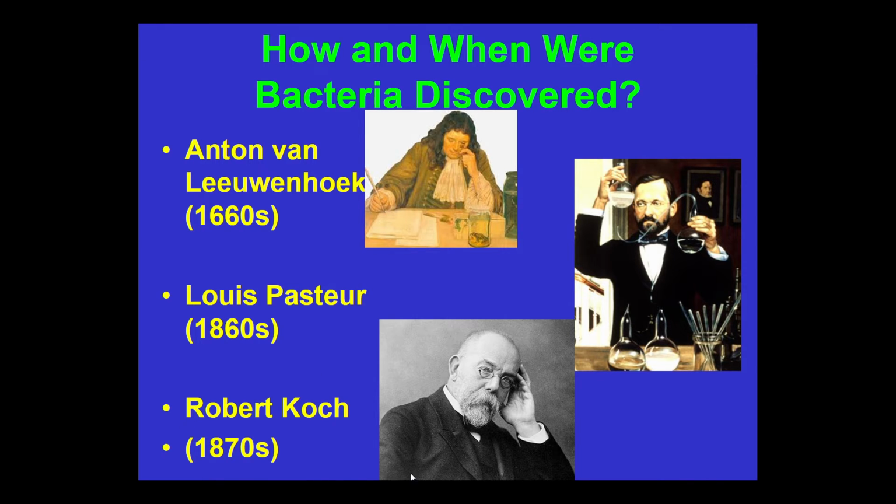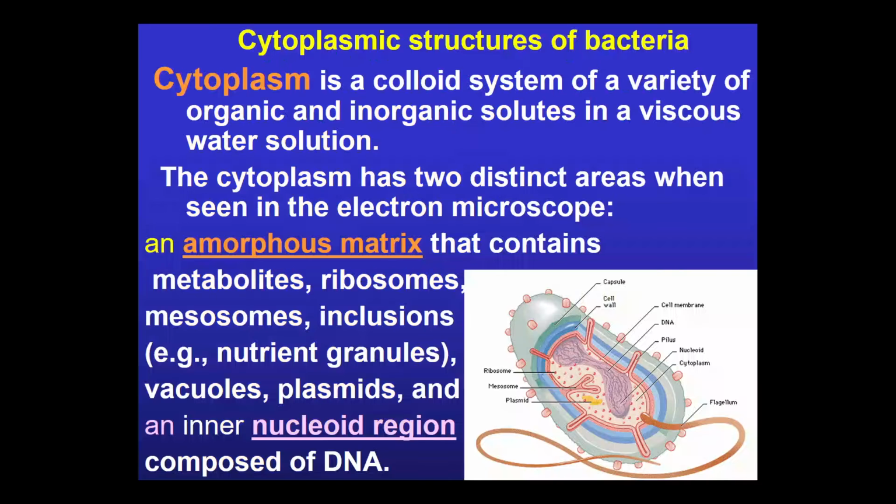And of course, the microbiologist and pathologist, German doctor Robert Koch, who in the 1870s made a breakthrough in the diagnosis of infectious diseases. Later on, we'll discuss his very important Koch postulates.